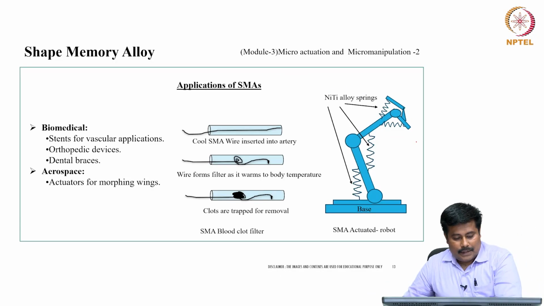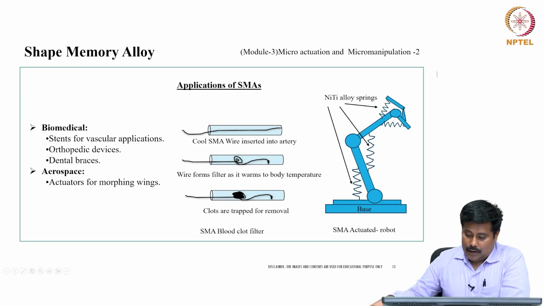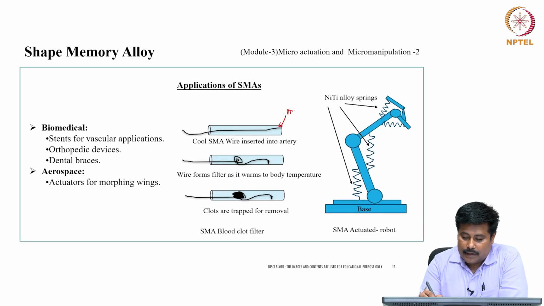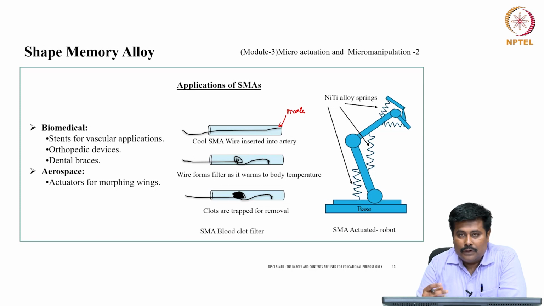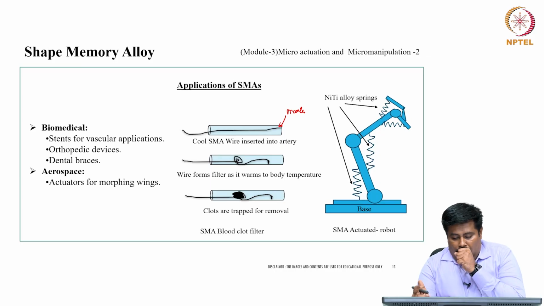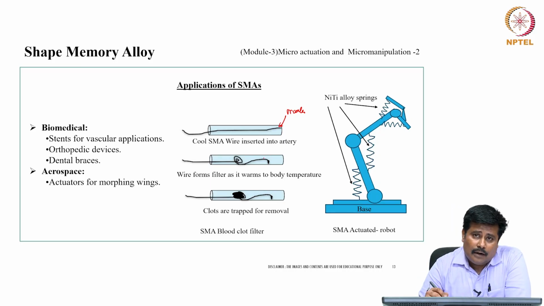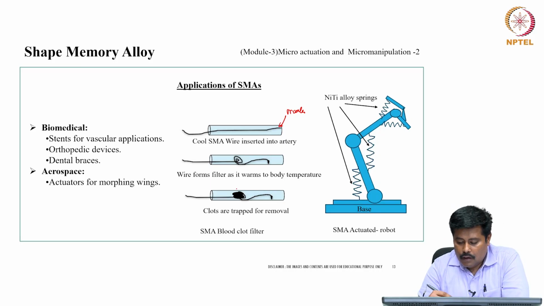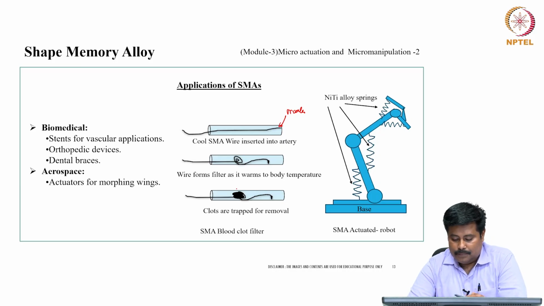Now, from a shape memory alloy point of view, this is one good example where a shape memory alloy wire, initially in the martensite phase, is inserted inside the artery, and when the body gets warm, because of that, certain amounts of clots or trapped material are completely removed by this process.